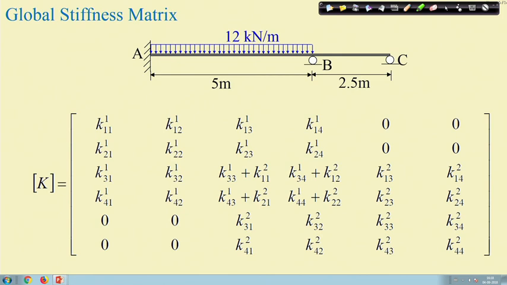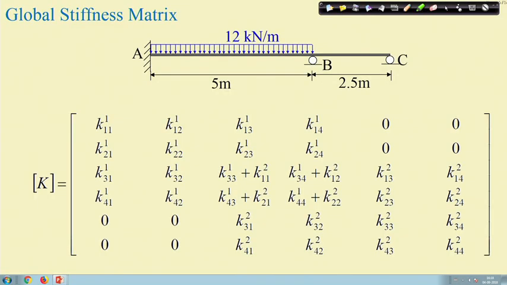But as I said, our objective has not been to solve this example. Our objective has been to see how the assembling is to be done. Once we have understood how the assembling is to be done, when we actually solve them, we will write all these values in this assembled stiffness matrix and then solve it.